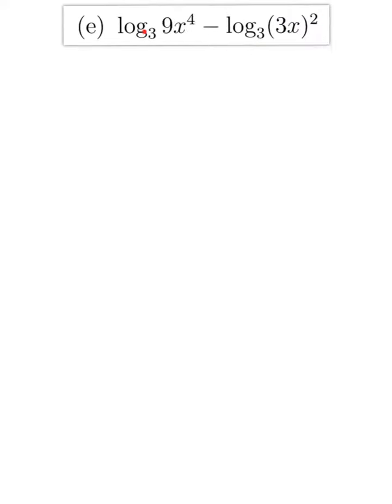Okay, so we notice that these two logs have the same base, and we also notice that there's subtraction. These two bases are 3, so our log's going to have a base of 3. There's a subtraction in here, so we're going to have a fraction.